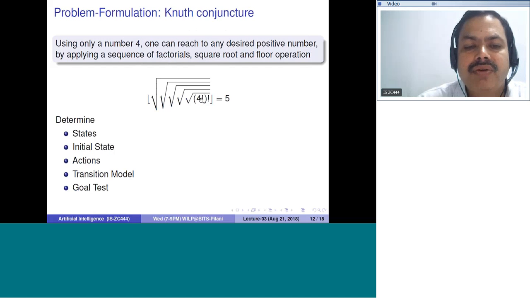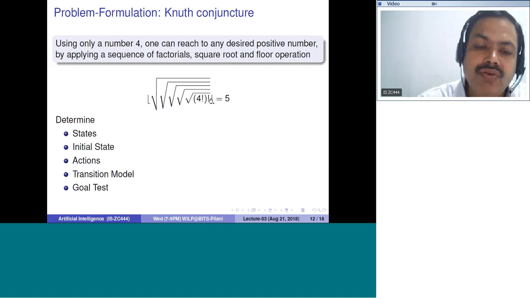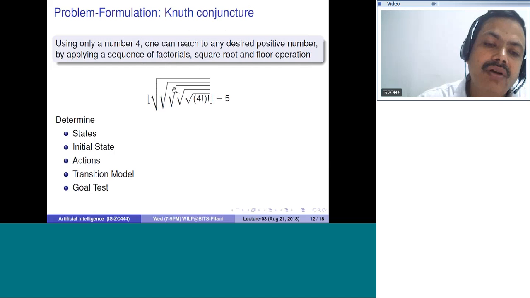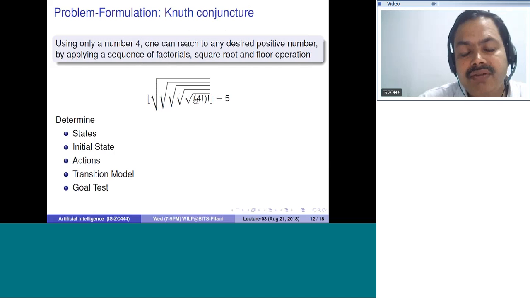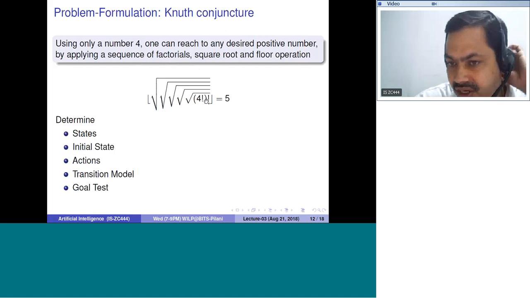For example, if you apply the factorial of 4, then the factorial of whatever you got, take the square root, and then apply the floor operation, you get 5. See how difficult it is, because this number is going to be very big.